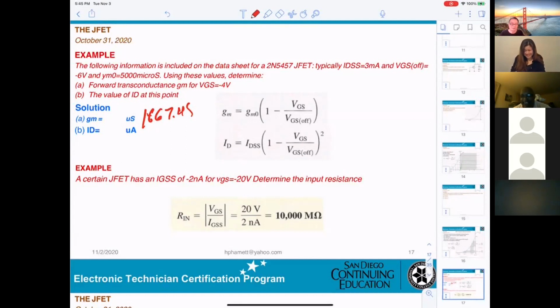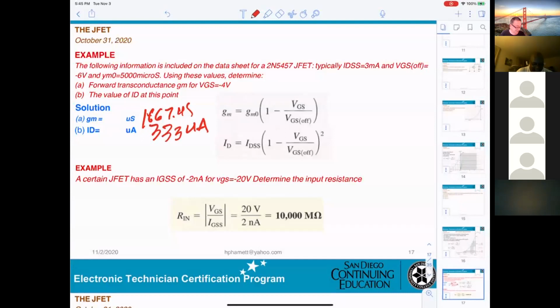Okay, what I did, 333 microamps. You're doing a good job. Thank you, sir. Perfect. I'm also doing a good job. Everyone is doing a really good job, I think.